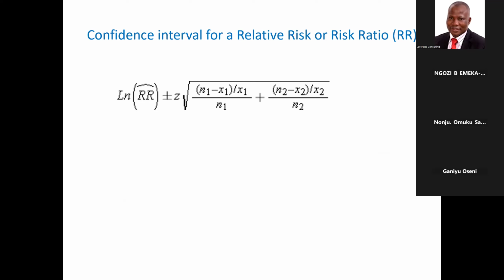If it is a two-sample t-test, the degree of freedom is n1 plus n2 minus 2, or sample 1 minus 1 plus sample 2 minus 1, which is the same thing. You add the two samples together and remove 2, because you remove 1 from each of them.